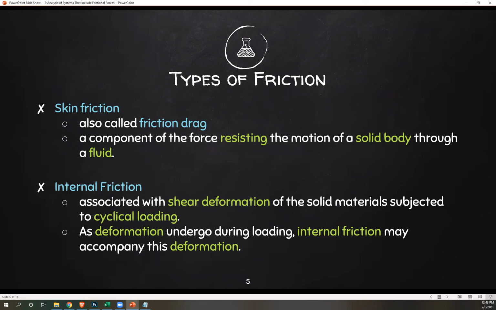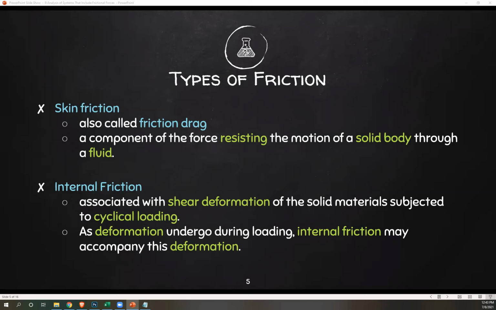If you're taking that, you'll talk more about drag, which is basically just friction in water. Now, this is different from fluid friction because fluid friction is friction between two fluids. Skin friction or drag is friction between a solid body and a fluid.